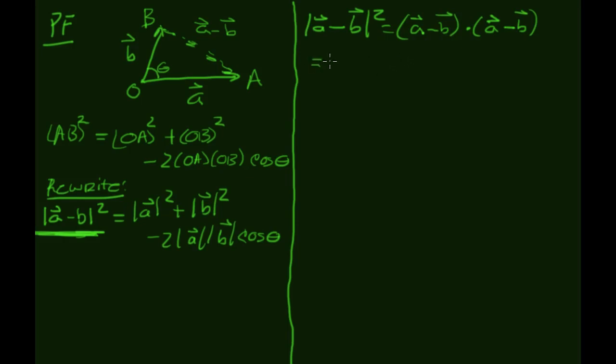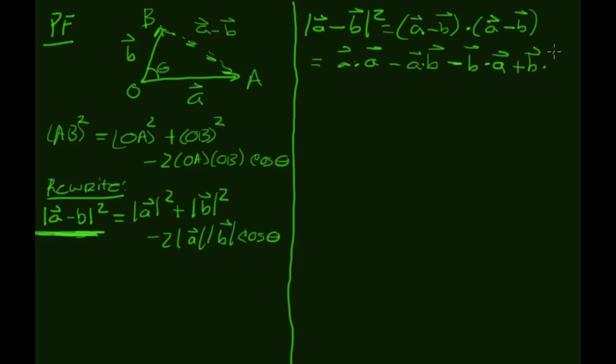Because distribution holds, this literally becomes foiling. So this is A dot A minus A dot B minus B dot A plus B dot B.